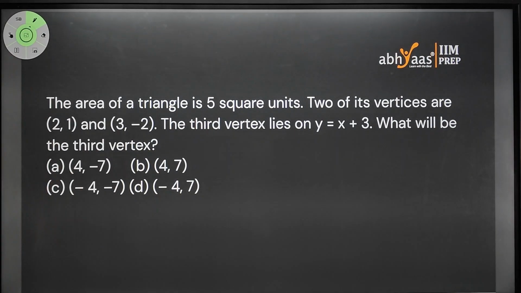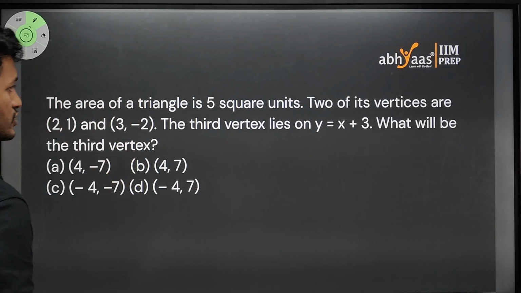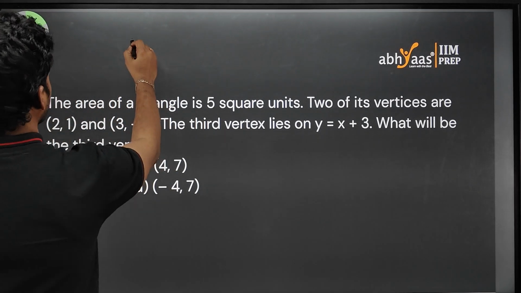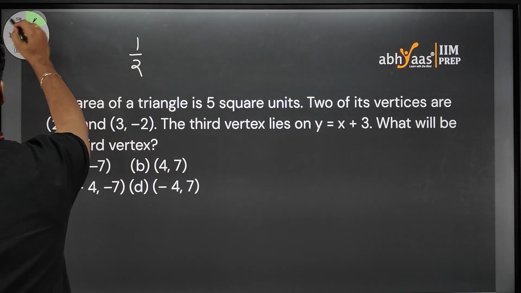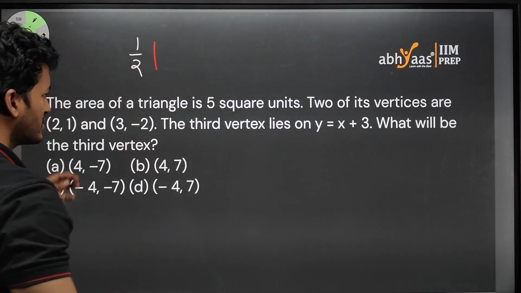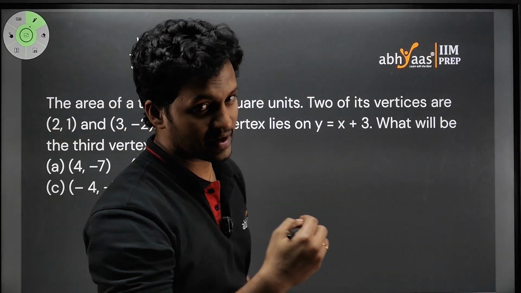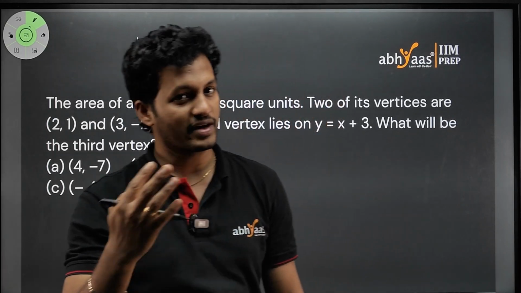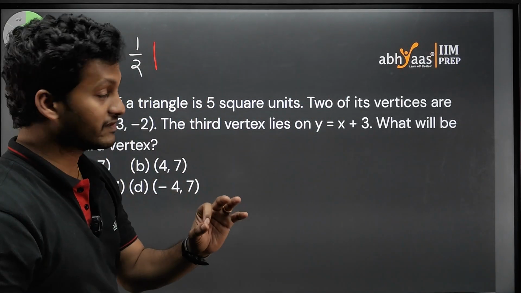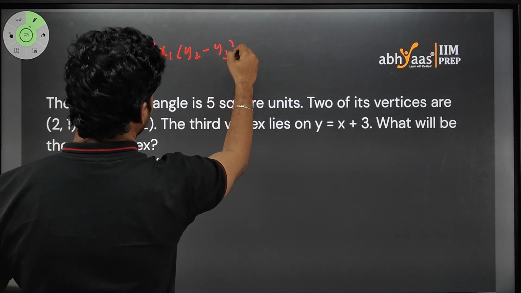Here the area of the triangle is 5 square units, that is given. Two of its vertices are 2, 1 and 3, minus 2. The third vertex is not given, but it lies on y is equal to x plus 3. Without any shortcuts, let's apply our formula, which is half of the modulus of x1 of y2 minus y3 plus x2 of y3 minus y1 plus x3 of y1 minus y2. That is the formula for finding the area of a triangle with 3 vertices.